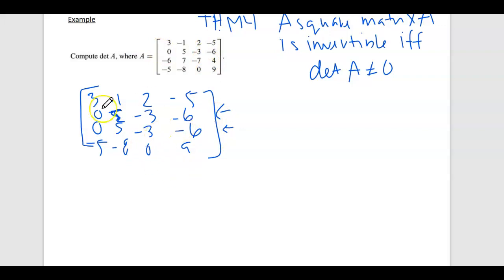So I don't have the right number of pivots in my rows and pivots in my columns, because these are going to end up canceling out. So I can right away already say that the determinant of A is 0, because I don't have an inverse of this matrix. And this theorem says that I only have an inverse if the determinant is not 0. So this one does not have an inverse. The determinant is going to be 0.